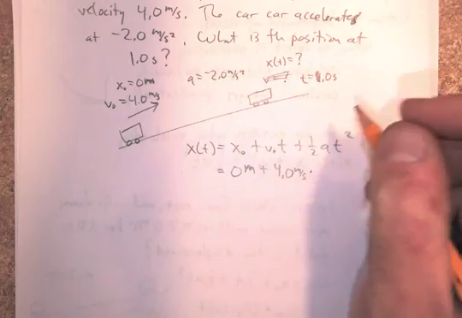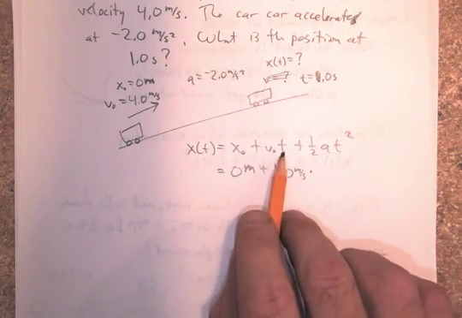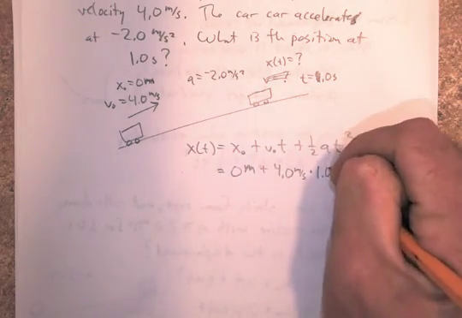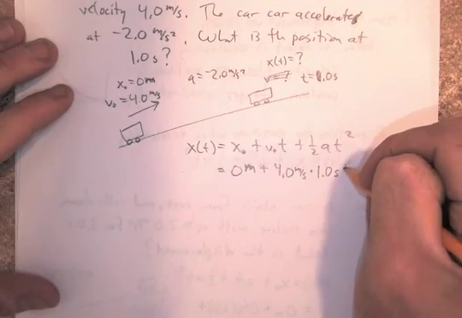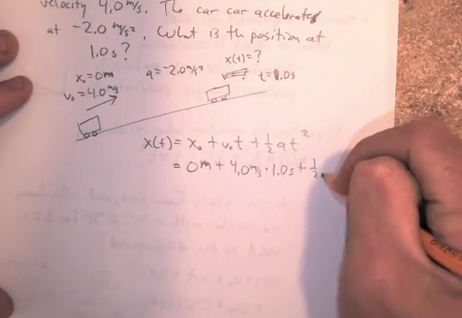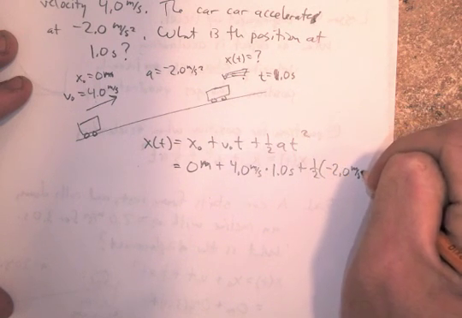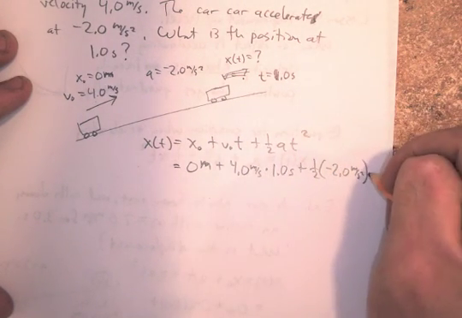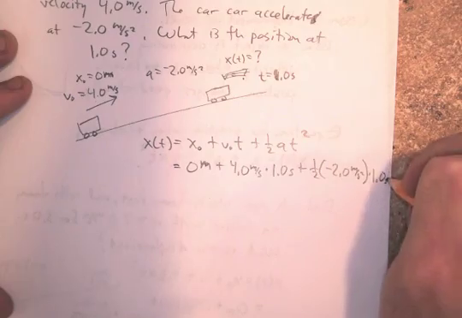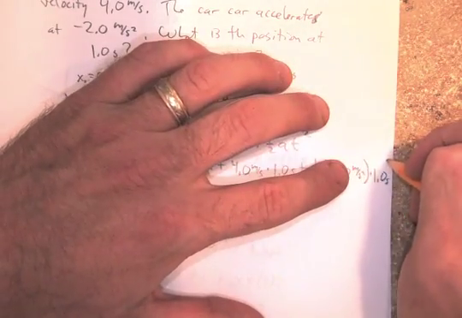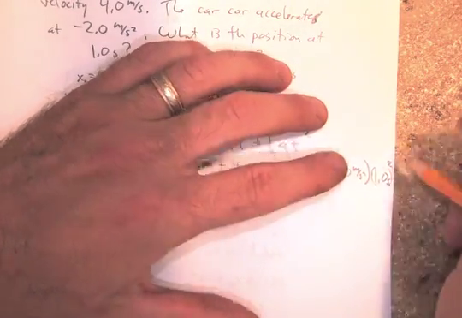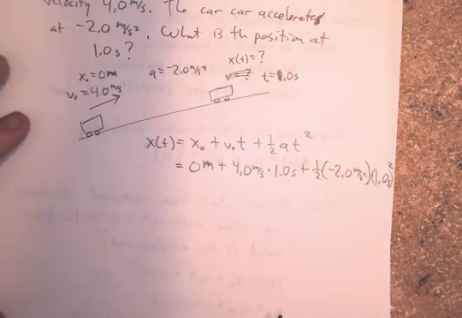It's like a function. Whatever t I'm plugging in, I put it in here and here. Plus 1/2 times negative 2, the acceleration in meters per second squared, times 1.0 seconds squared. Okay, t squared.